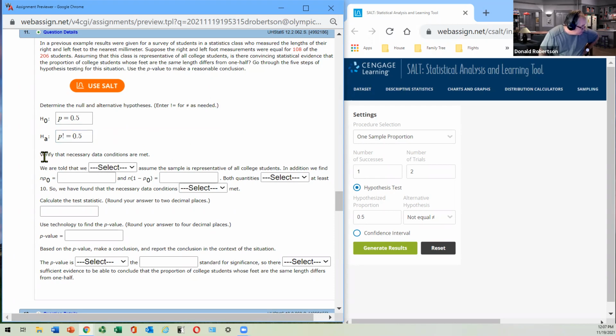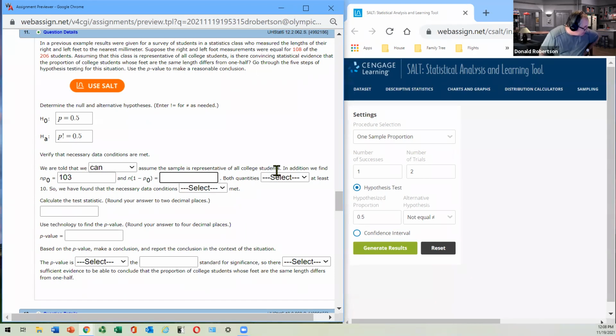Now, verify that the necessary conditions are met. We are told that we can assume that the sample represents all college students. In addition, n p naught, which would be 206 times the p naught, in this case would end up being 103.